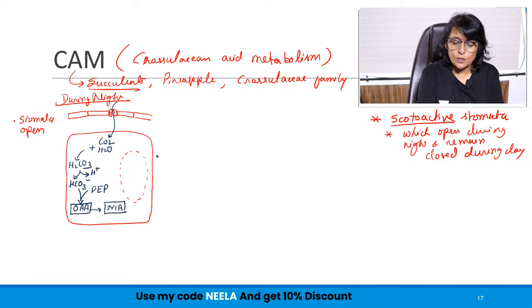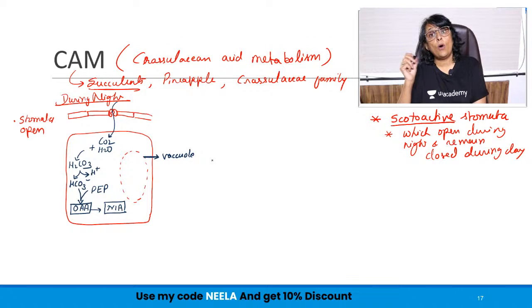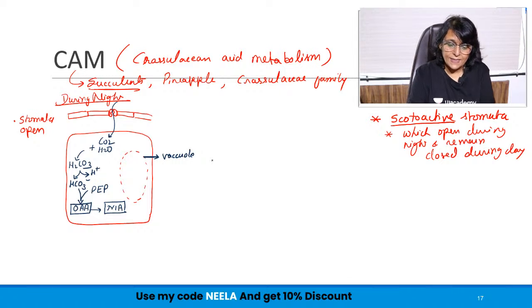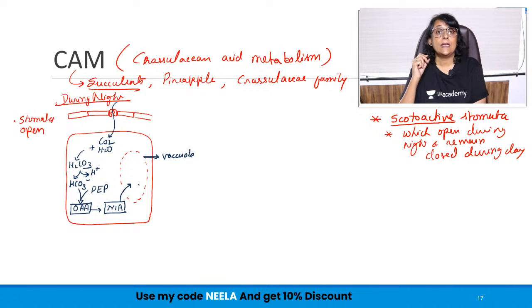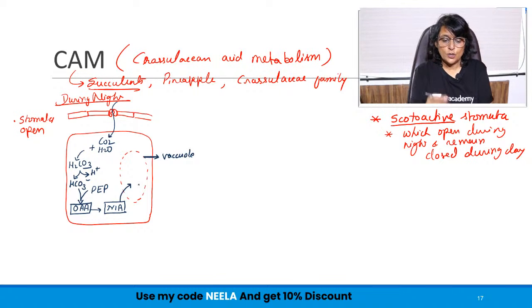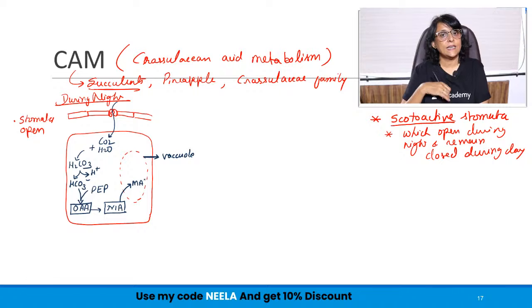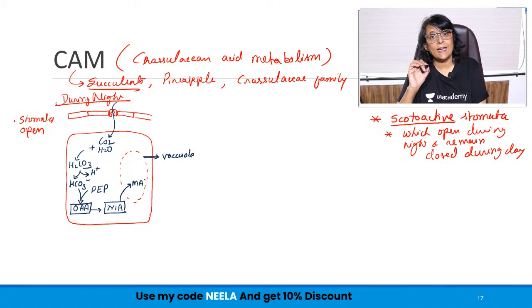And this structure which I have drawn here is a vacuole. All throughout the night, the same process is going to take place, and this malic acid is stored inside the vacuole. So for the entire night, carbon dioxide is taken in. It is first converted into oxaloacetic acid, then into malic acid, and then stored in the vacuole.